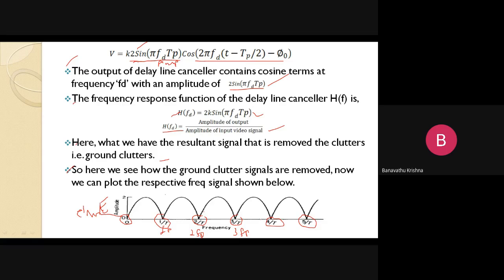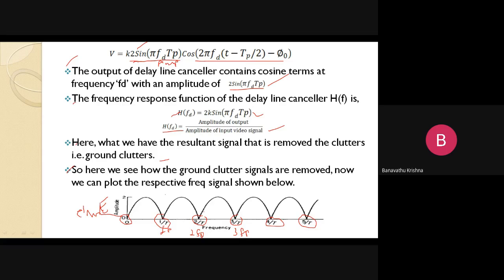Ideally it is a 0 response, but practically a slight signal will be available at the output. This is the basic information about the delay line canceller. What is meant by a delay line canceller, what are its types, what is its basic content, how does it work, why is it used, and what is the block diagram?